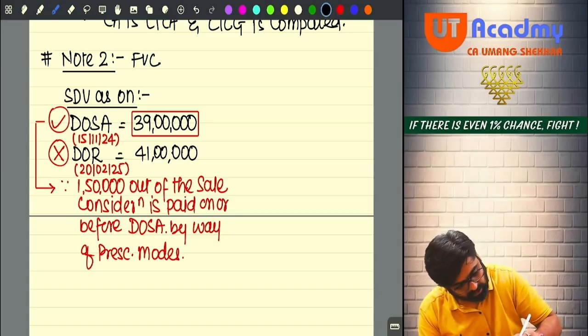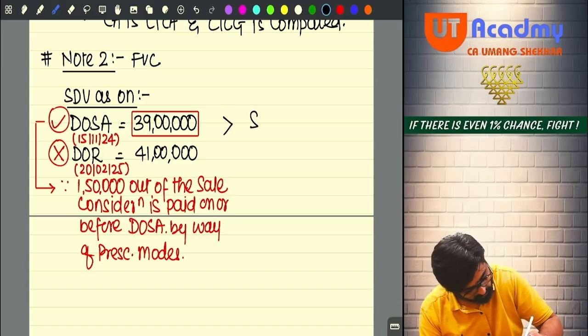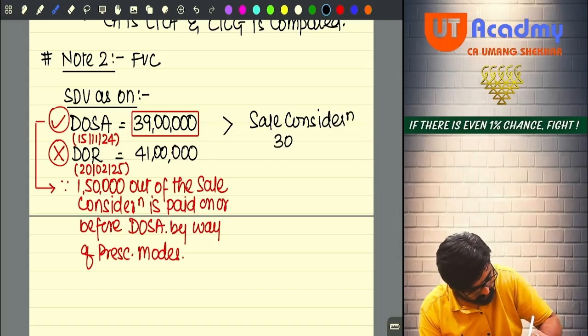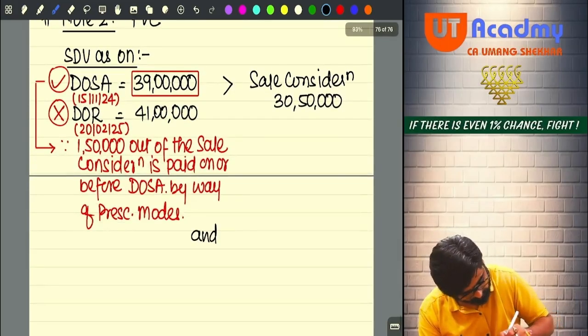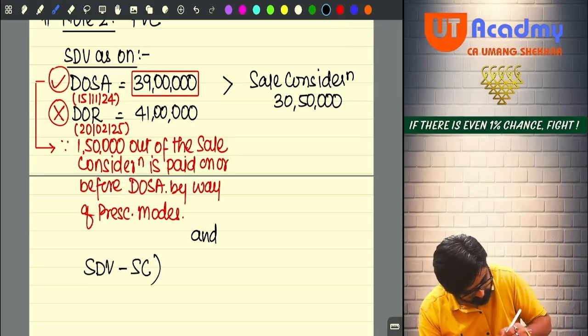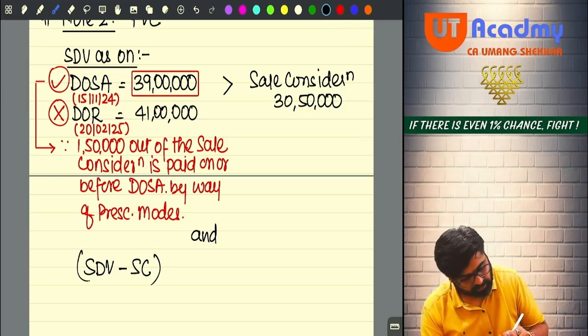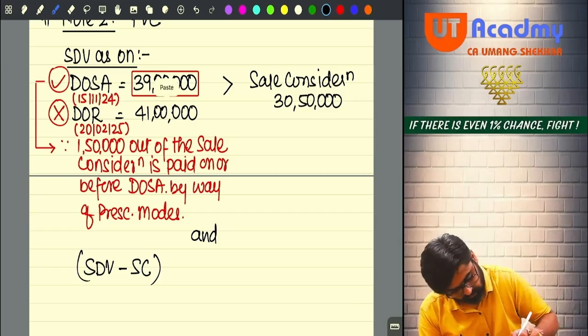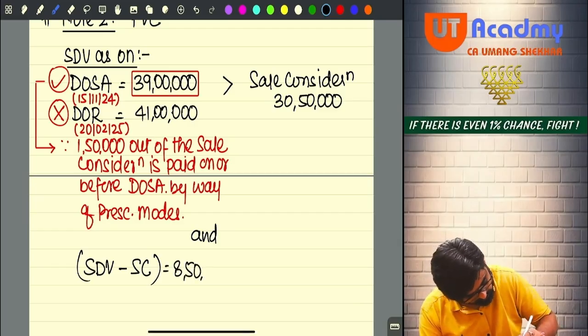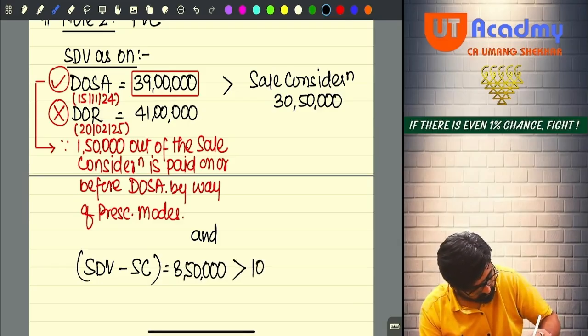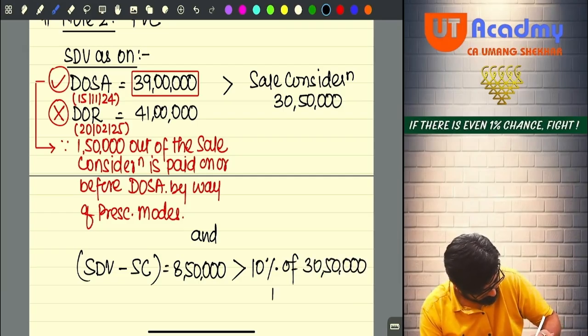Now see, this amount is greater than the sale consideration of 30,50,000, and SDV minus sale consideration, which is 8,50,000, is also greater than 10% of 30,50,000, that is 3,05,000.